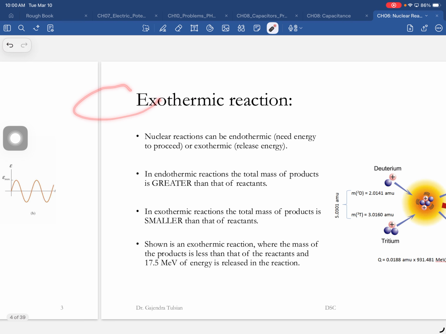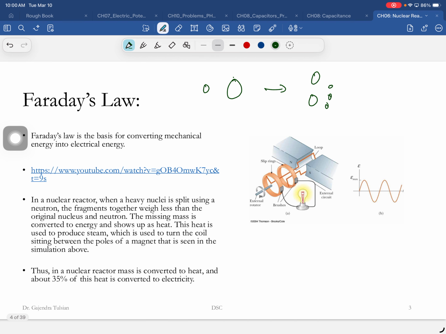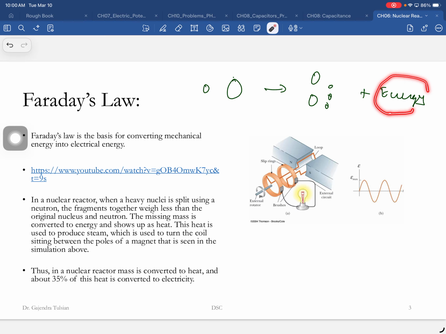So, an exothermic reaction: when energy is released in the reaction, that is called an exothermic reaction. When you need energy for the process to go through, that's an endothermic reaction.